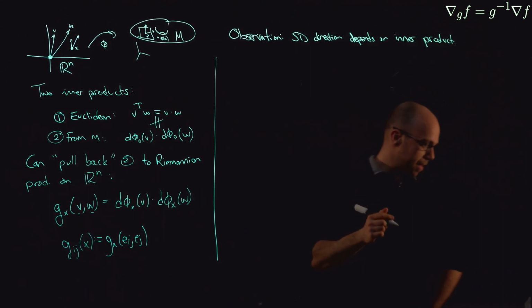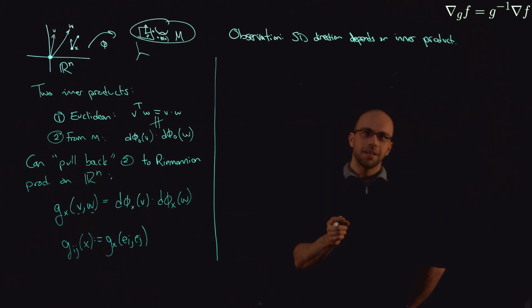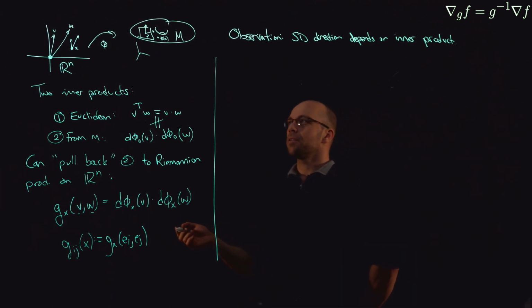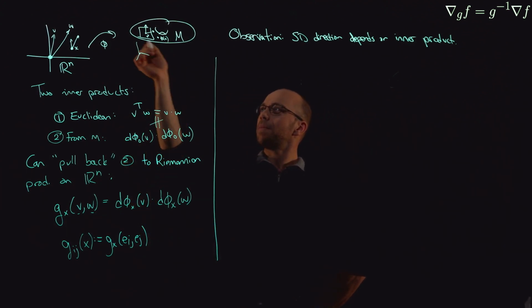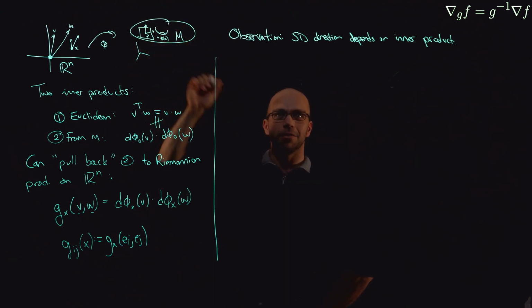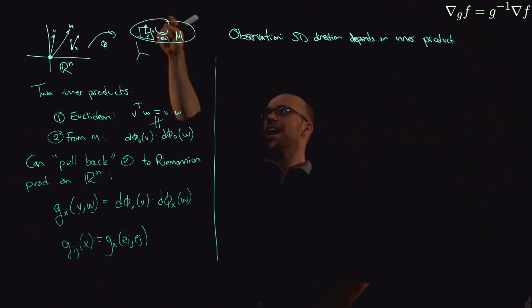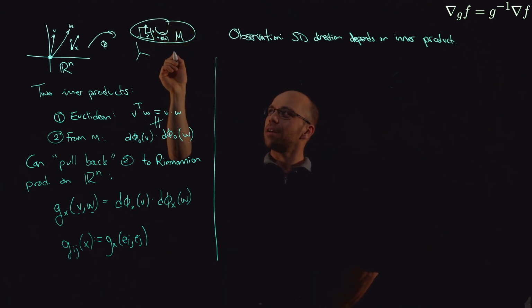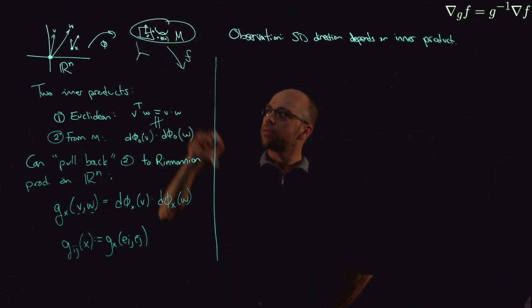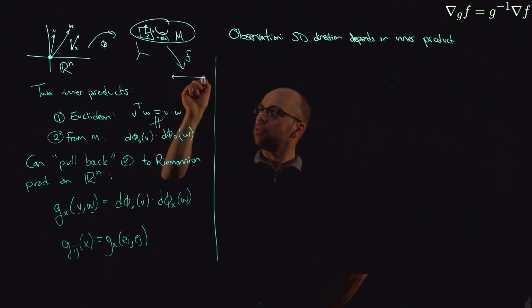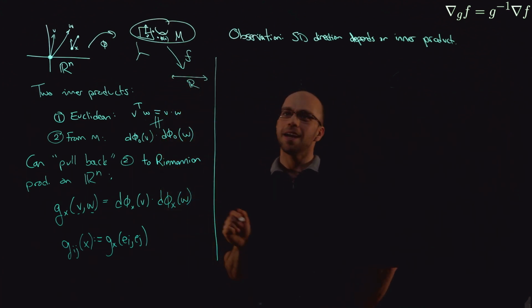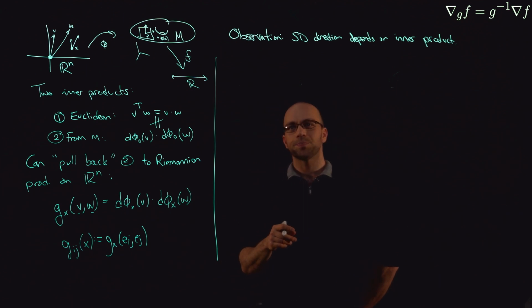So what do I mean by that? Well, let's now add another thing to our picture, which is we're going to paint onto our manifold an objective function for our optimization routine, right? Because remember, at the end of the day, we're trying to optimize a function on a manifold. So I have some f, which maps from your manifold into the real numbers, and my task at the end of the day is to minimize f.